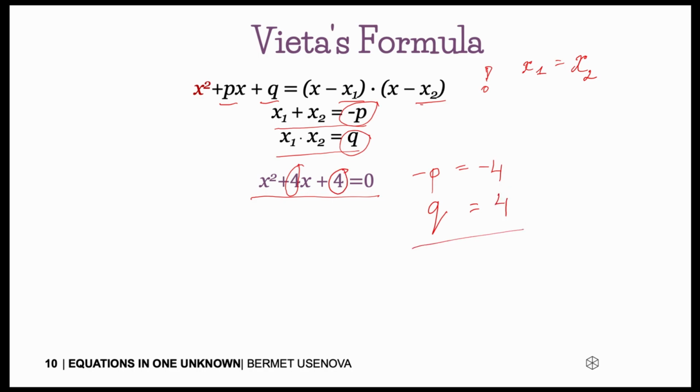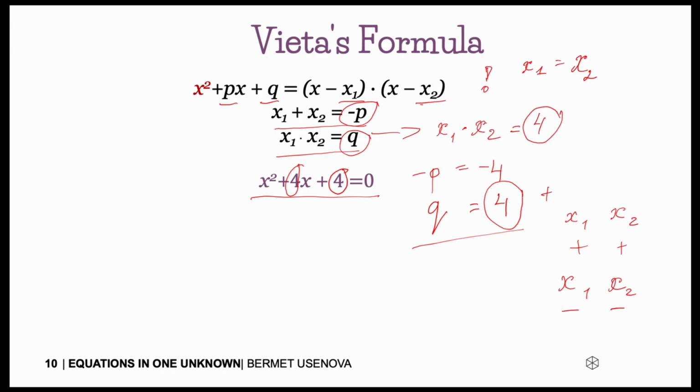Since q is positive, it means that either both x1 and x2 are positive, or both are negative. Because, as you may see above, this formula means that by multiplying x1 by x2, you get 4.